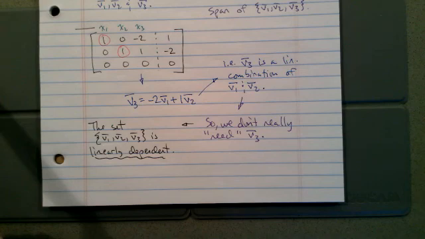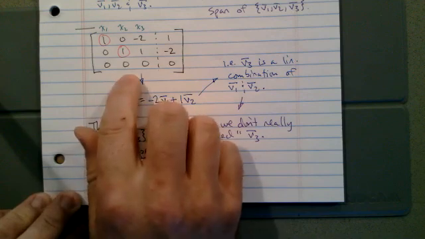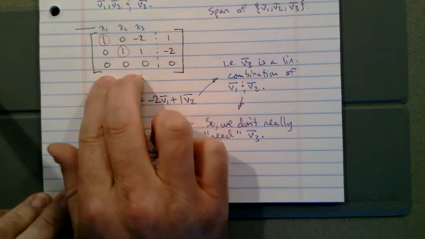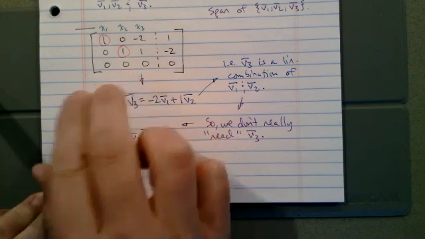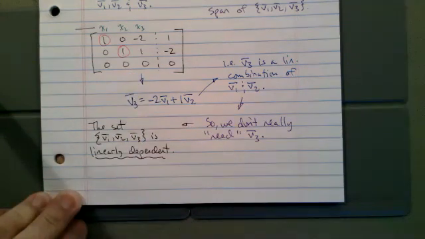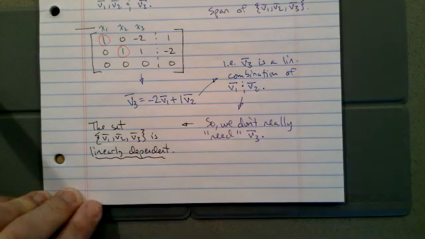No pivot there. v3 is a combination of v1 and v2. Don't really need it. If I take v3 out, notice that in the reduced echelon form, the first two columns correspond to pivot columns. The pivots indicate that we have something new, something important. So if I take v3 out, that's what's making this set linearly dependent.